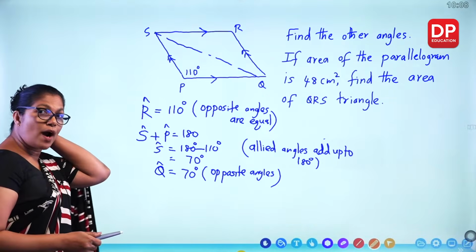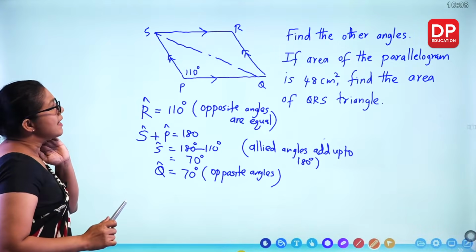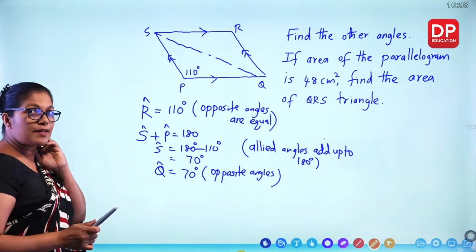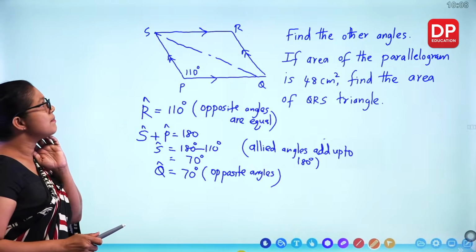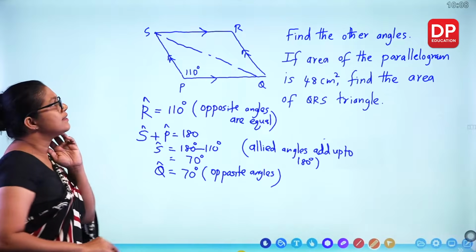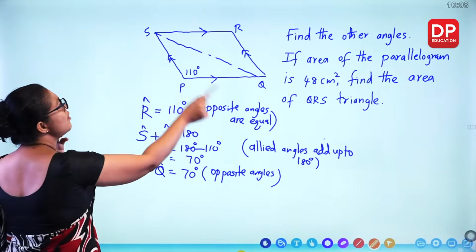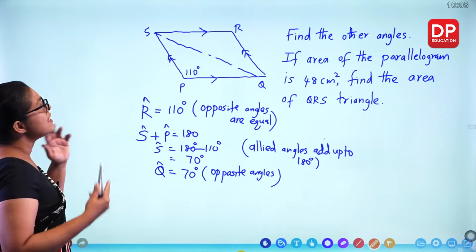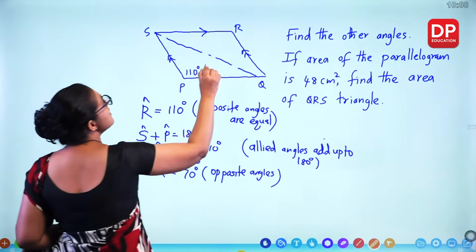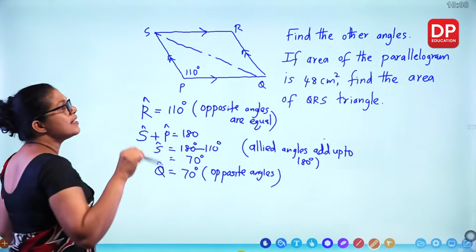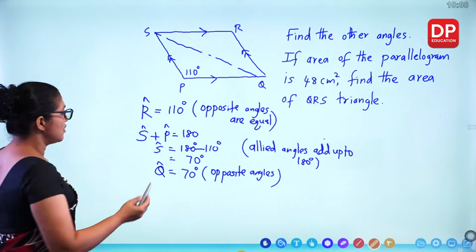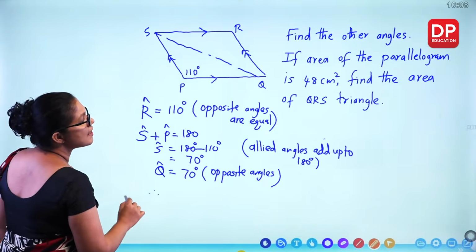According to theorem number 1, the area of the parallelogram is bisected by the diagonals. So here SQ is a diagonal. So straight away we can say this is half of the area of the parallelogram. So I can give the answer.